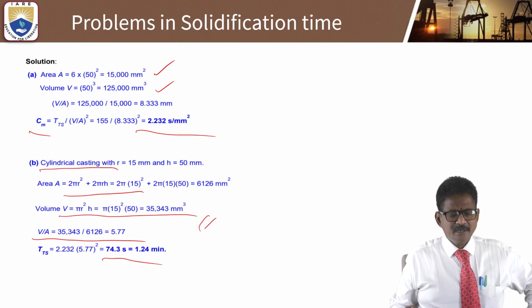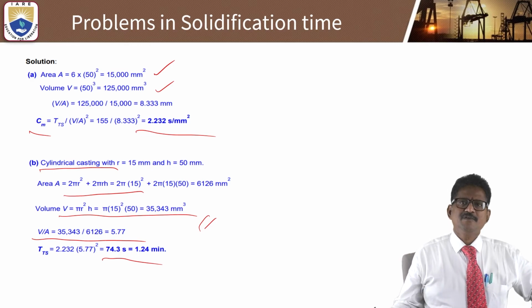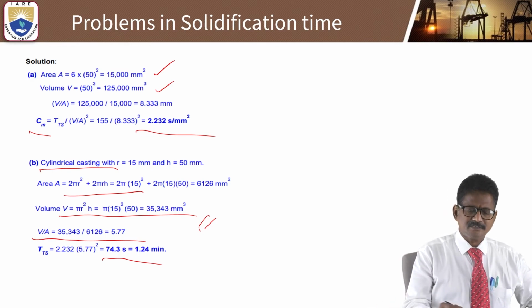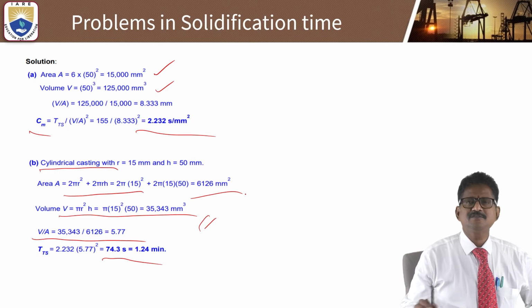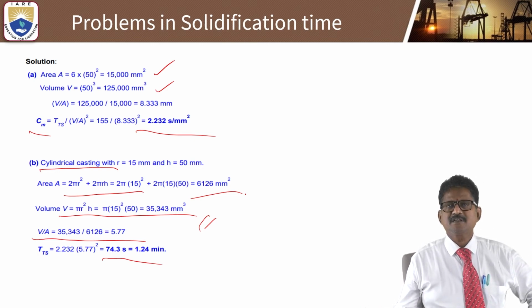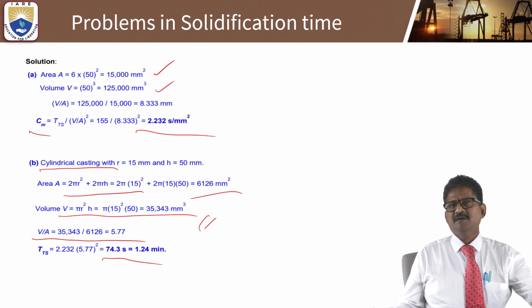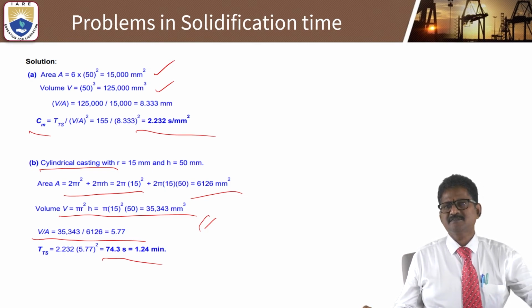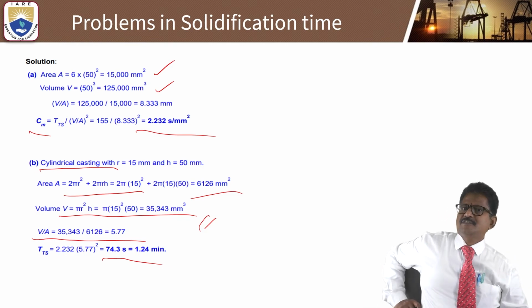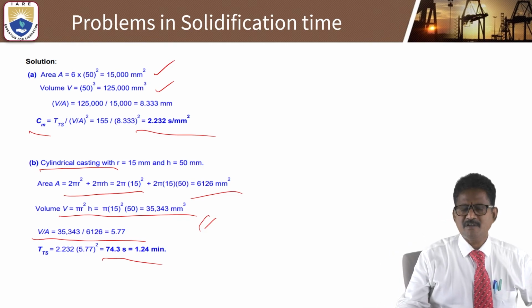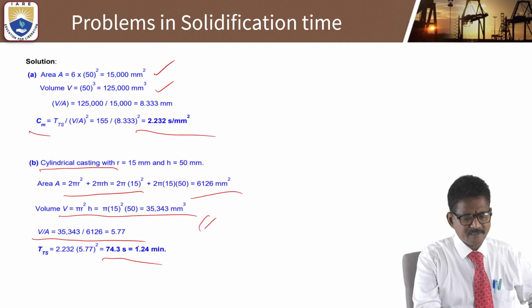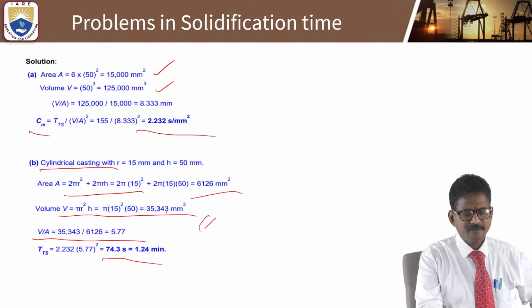You can substitute this into the equation 2 pi r square plus 2 pi r H. Okay, plus 2 pi into 15 into 50, that is equal to 6126 mm square. Okay, where V is equal to pi r square H, that means 35,343 mm cube. Okay, volume. So that is the volume and surface area.